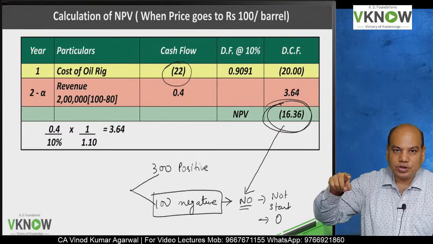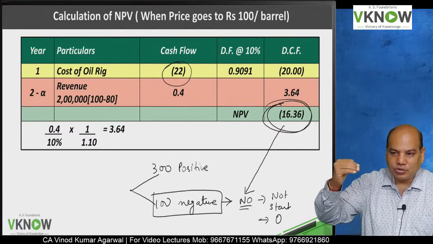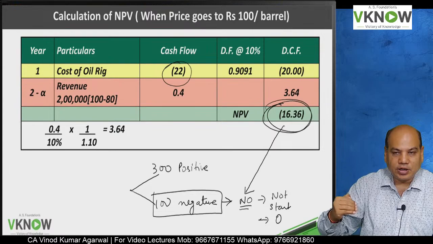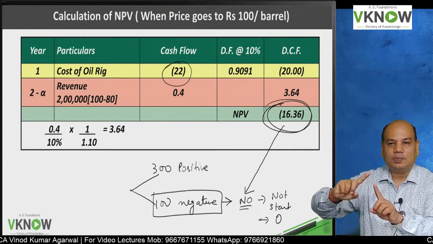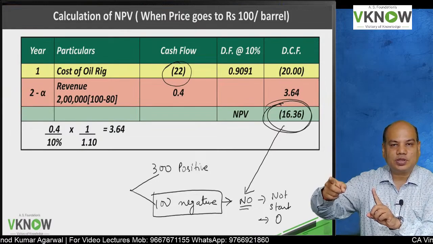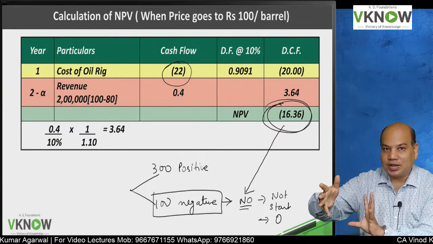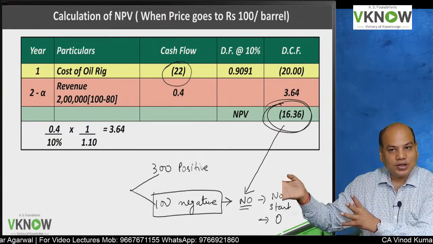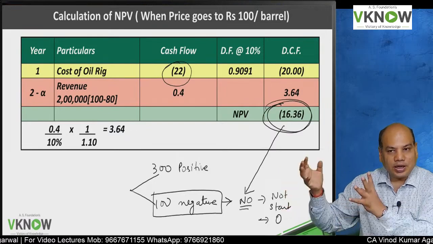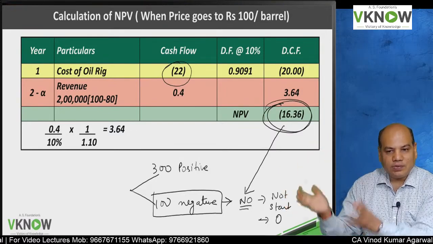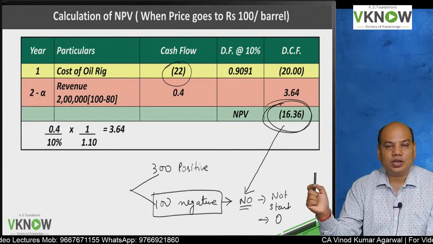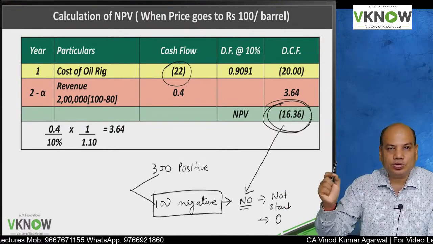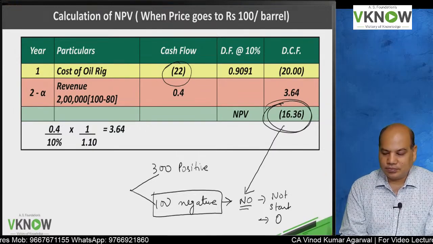Like in the previous question of the gold mine, if the price goes down to 4,500, I will not start. But in that question the price was below 4600, so you could easily understand. Here also it is a similar situation. I am getting negative NPV, I will not start. Therefore, I will take 0 NPV if the price goes down to 100.